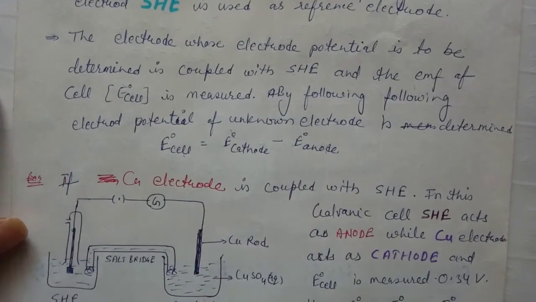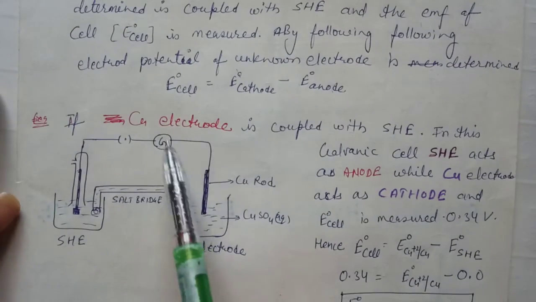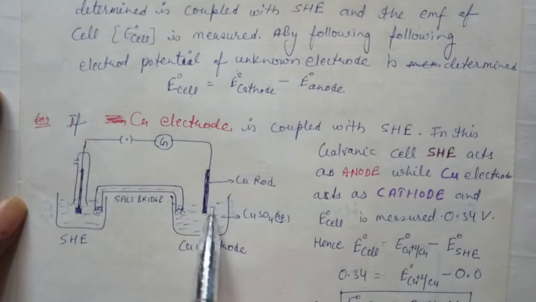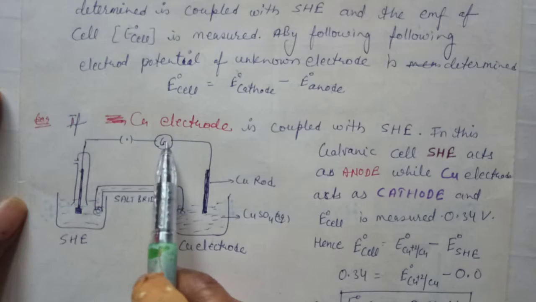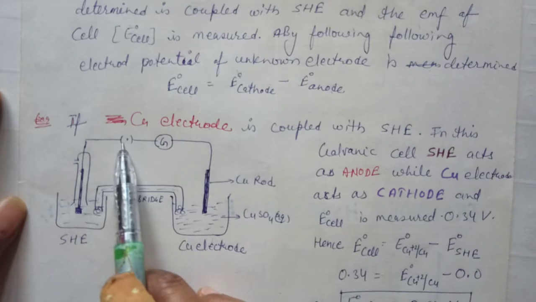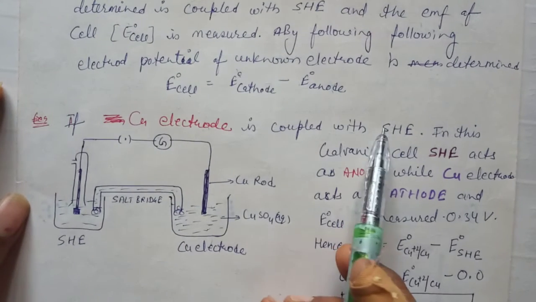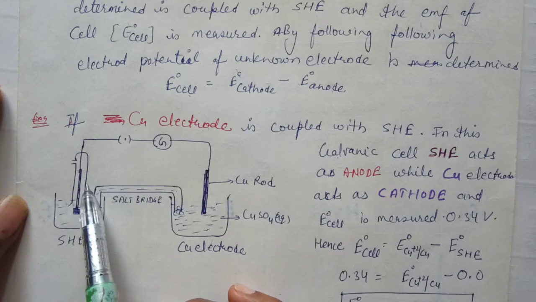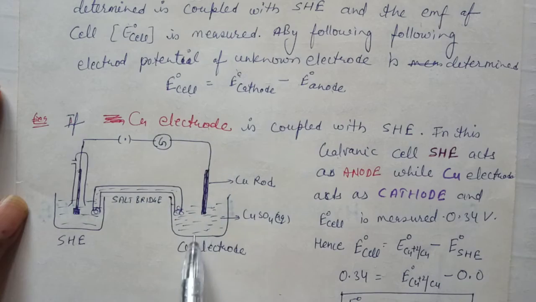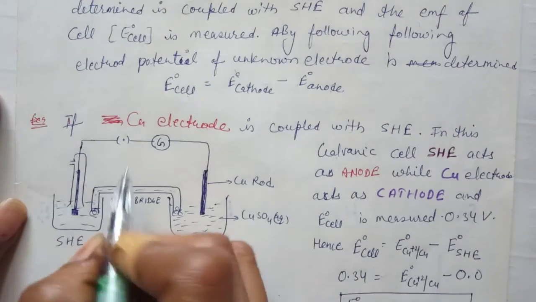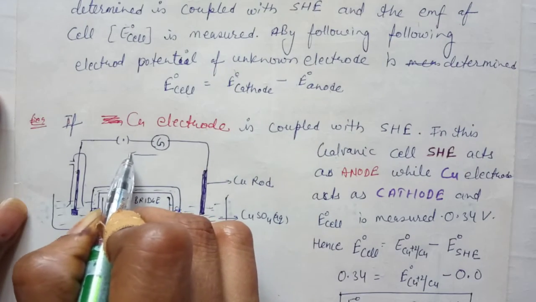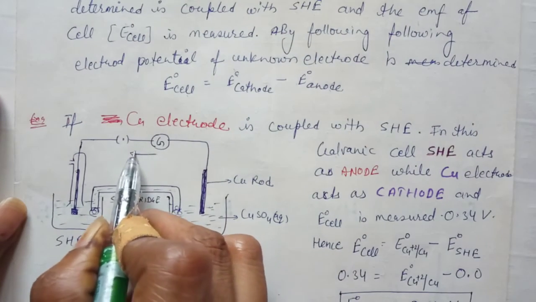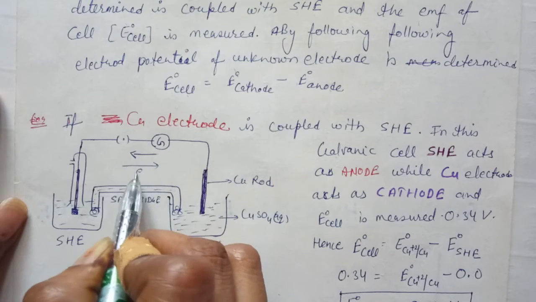For example, if we couple a Cu electrode with SHE, then this is SHE, this is the Cu electrode, this is the salt bridge, a galvanometer is taken and this is the key. The Cu electrode is coupled with SHE in the galvanic cell. In this galvanic cell SHE acts as anode. We check that current is passing in this direction, which means electrons are passing in this direction.